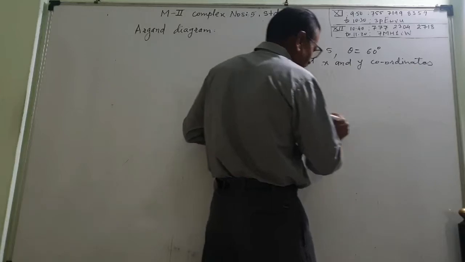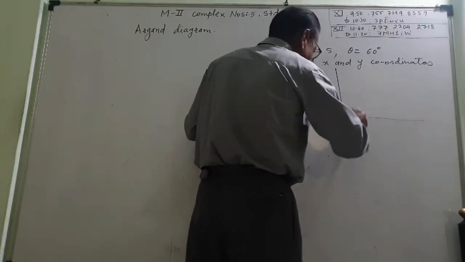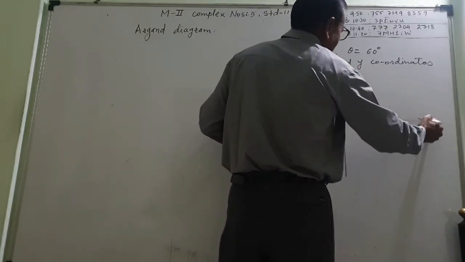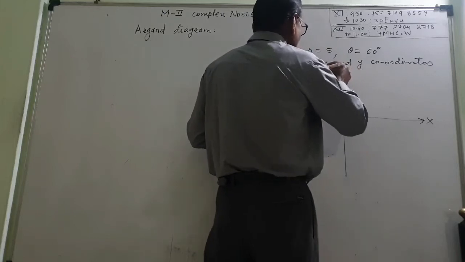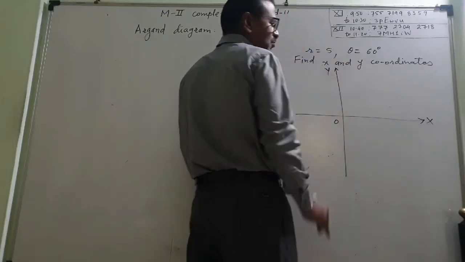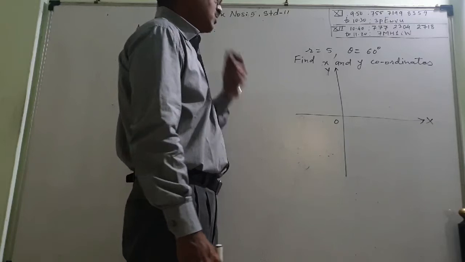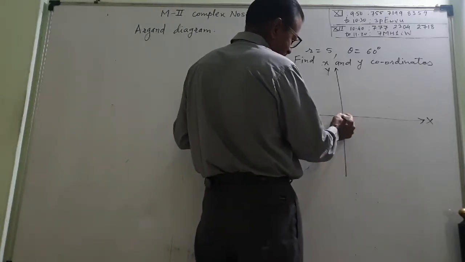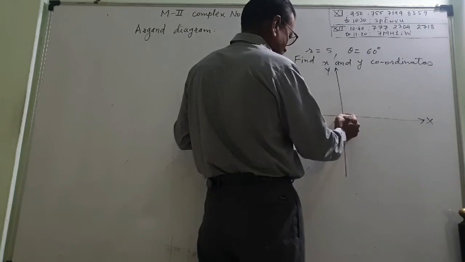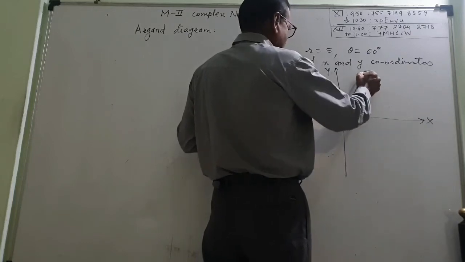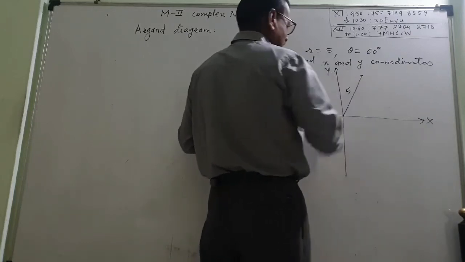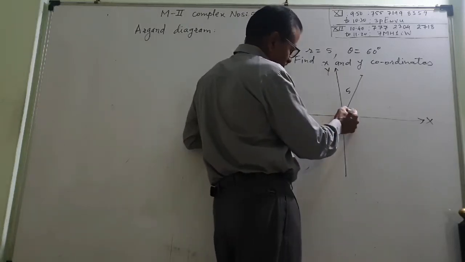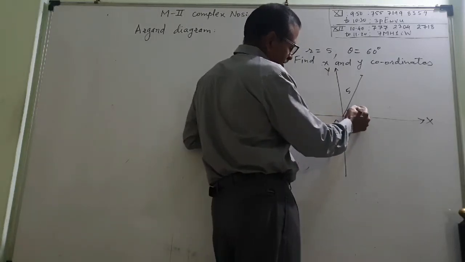So first of all, I will establish the x and y coordinates. This is x, this is y. All the details I am not filling. This is the origin. At 60 degree, I will make the angle of 60 degree over here, and this is 5. This theta is 60 degree.